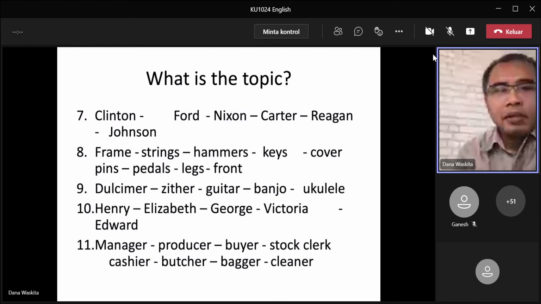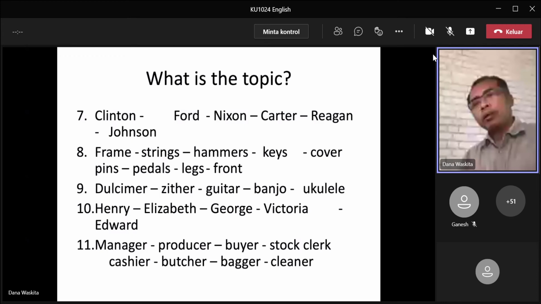What are the similarities among the words in number 11? Jobs. Yeah, jobs.